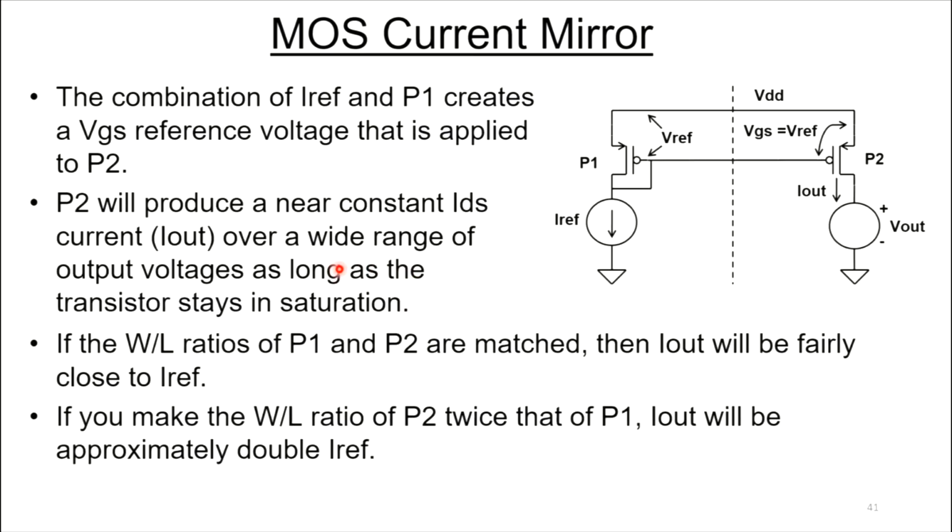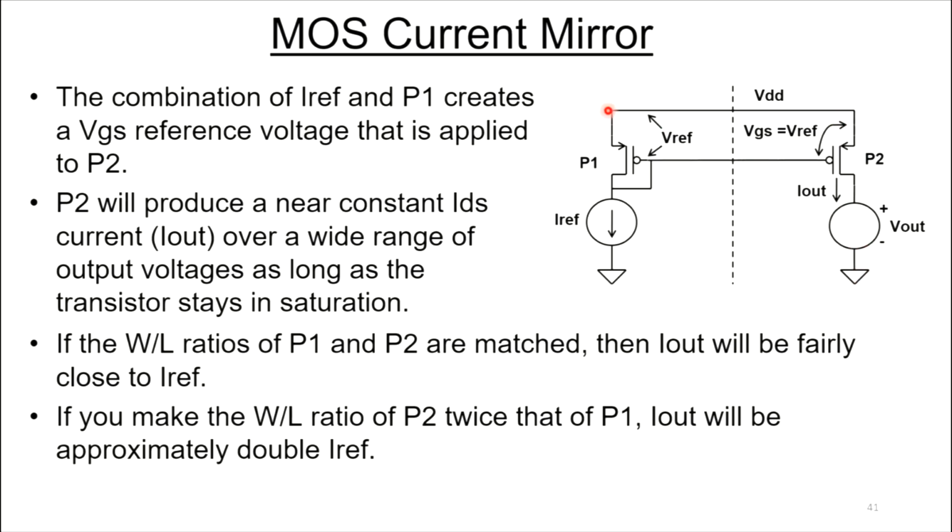So the combination of IREF and P1 creates a reference voltage here, and you apply that reference voltage to P2. As long as you keep P2 in saturation, meaning you keep the voltage across it high enough so that it doesn't go down into the linear region, you're going to get an almost constant current through here.